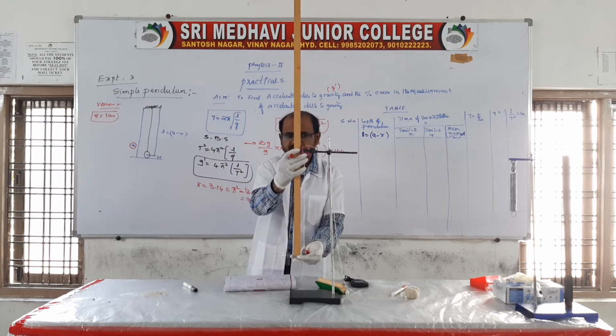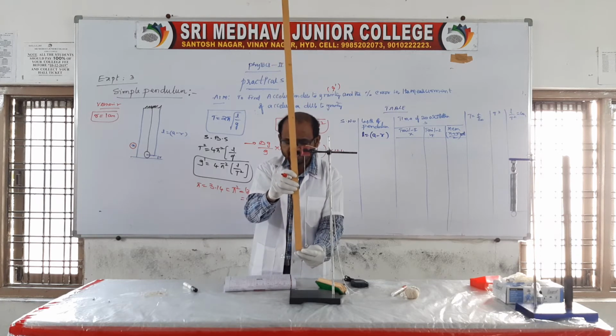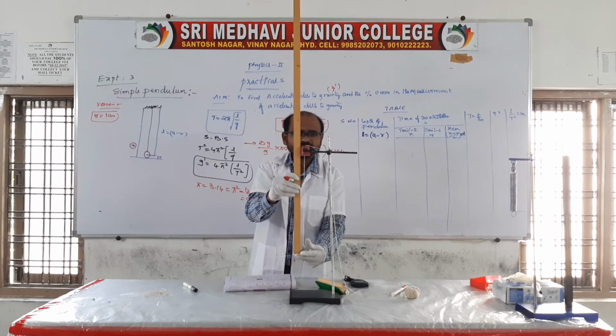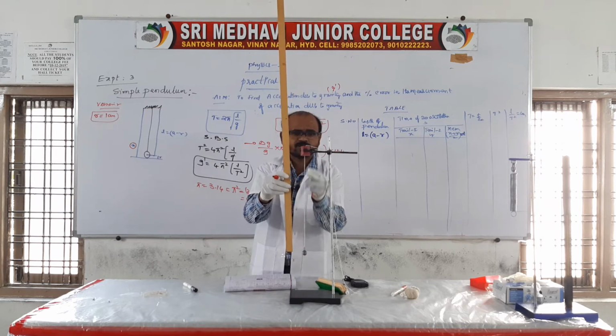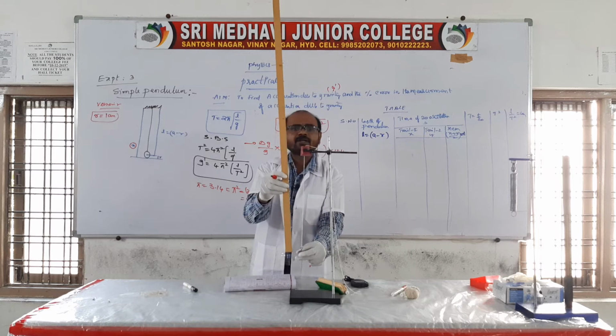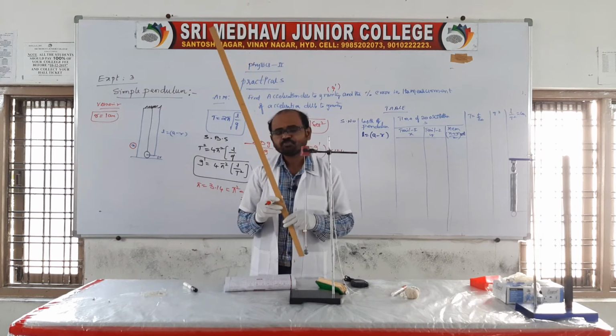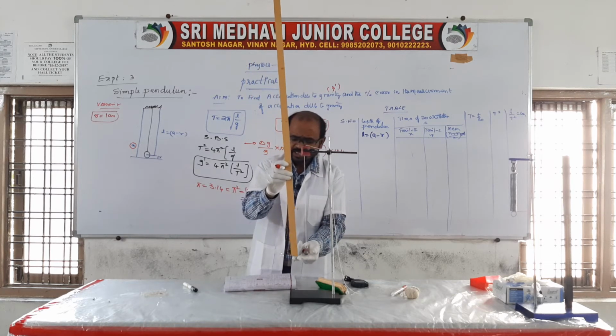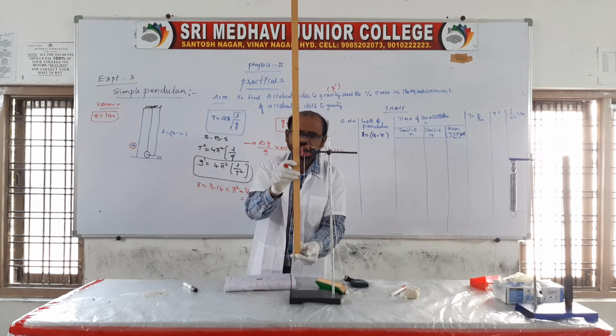Every time we should take like this only, because we cannot measure till the center of the bob. The length of the pendulum is the distance between the point of suspension and the center of the bob. Now, we know the radius of the bob, so you take till the end.